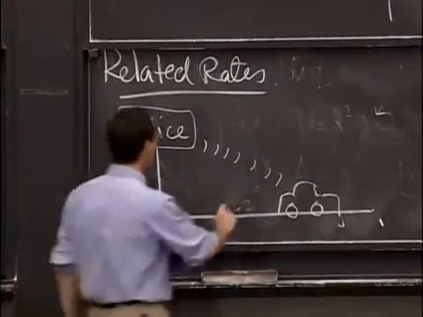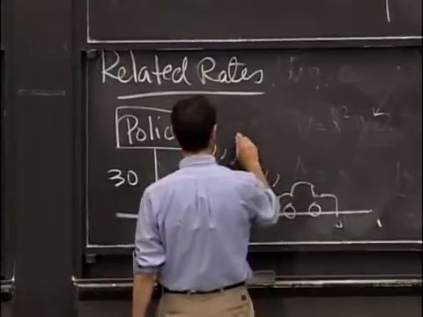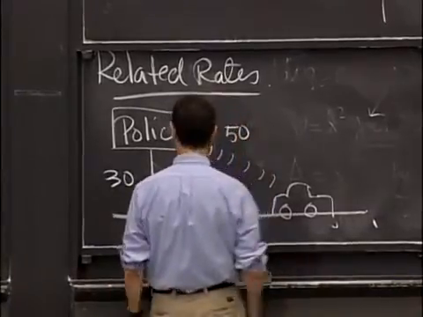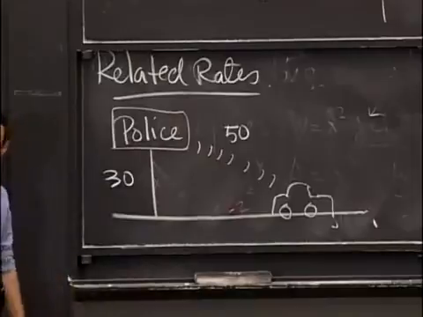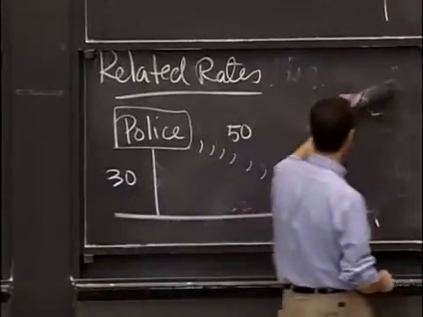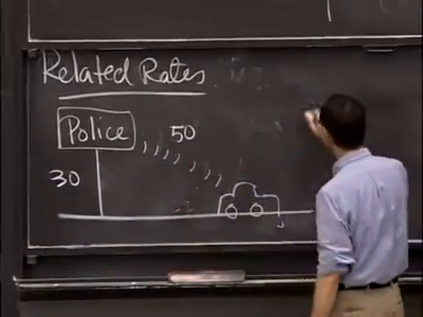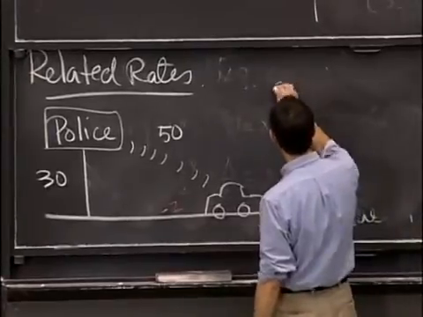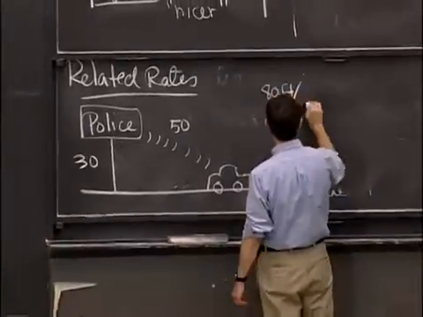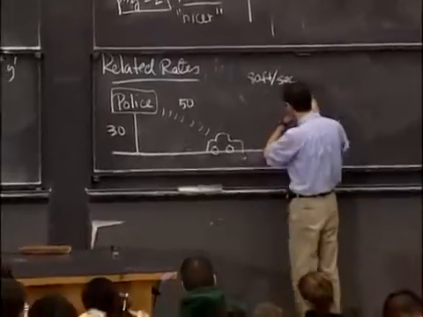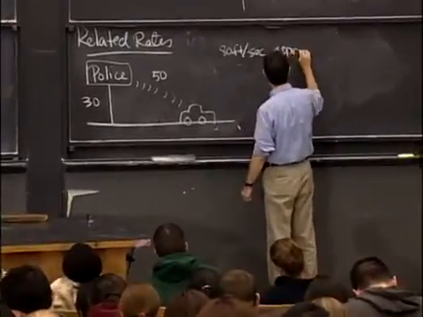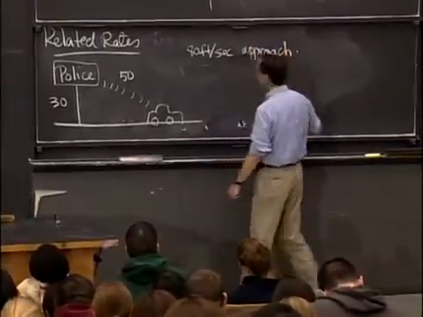And what they read off is that you're 50 feet away. All right? They also know that you're approaching along the line of the radar at a rate of 80 feet per second. Okay?